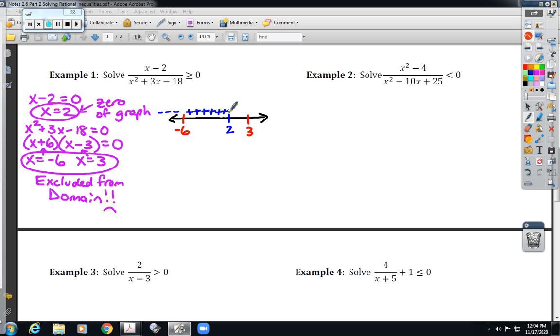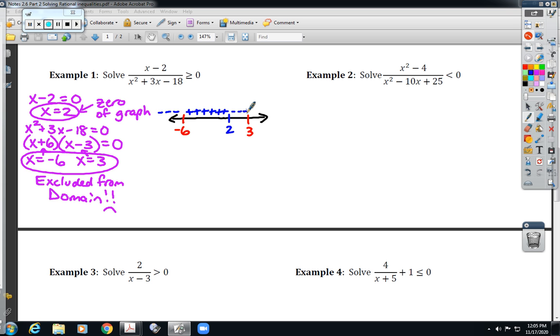When we plug 2.5 into the bottom, 2.5 squared would be 25 over 4, or 6.25. And then 3 times 5/2 would be 15/2. So that's like 7.5. So we're talking 13.75 minus 18 is negative. That's what we're looking for. It's negative. So we have a positive divided by a negative. That section in between 2 and 3 is negative.